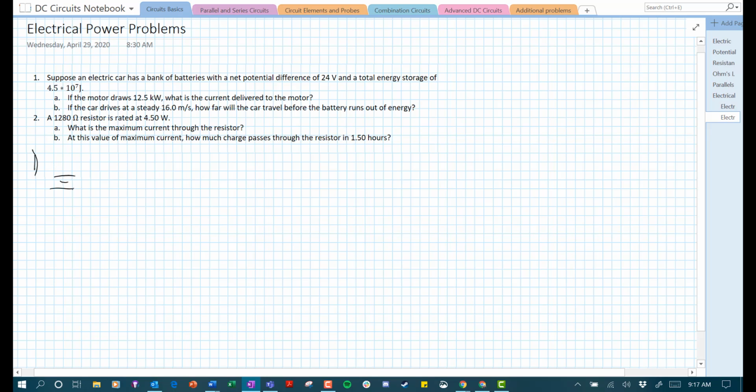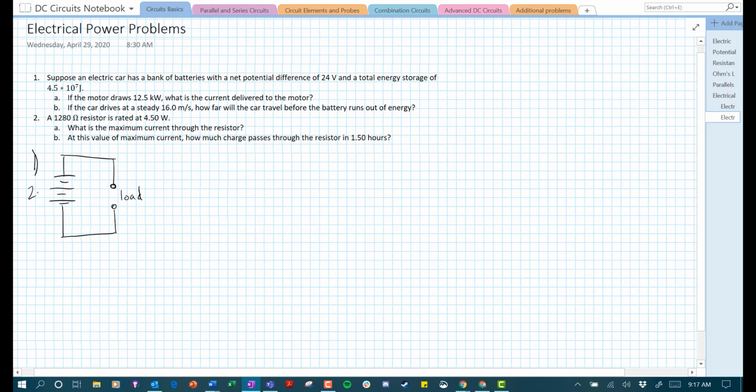We have some bank of cells or batteries, and then we have some load out here. I'm going to draw it just as a load. It's actually going to be the motor, but it has some resistance. We might model it as a resistor, but it's not really a resistor because the resistance will change at different currents, so it doesn't act like an ohmic resistor.